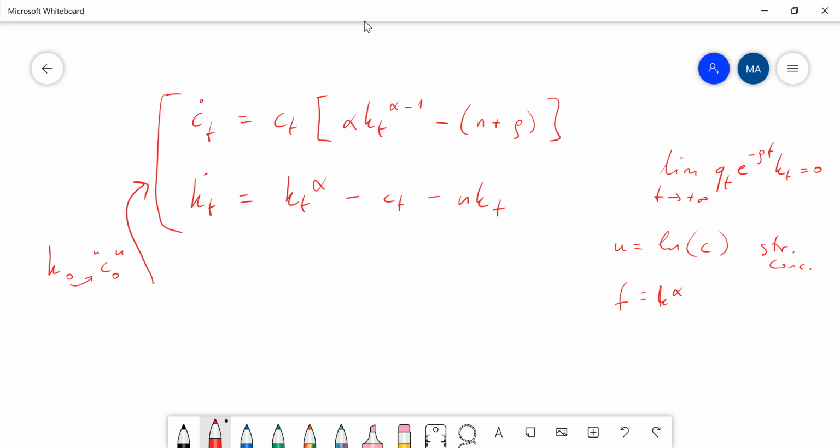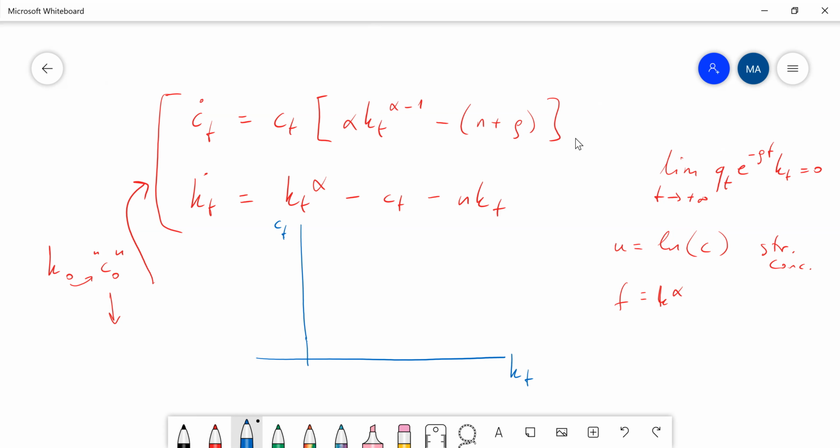So if I find a path that satisfies these equations, and when I choose C_0, then this will be the unique optimal path. Okay? Now, one thing we can do at this stage is to draw it. We can draw it. Now, what do you see here?